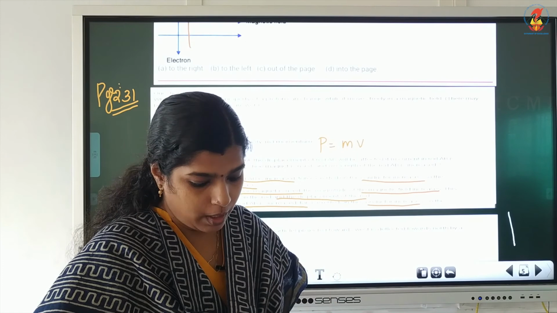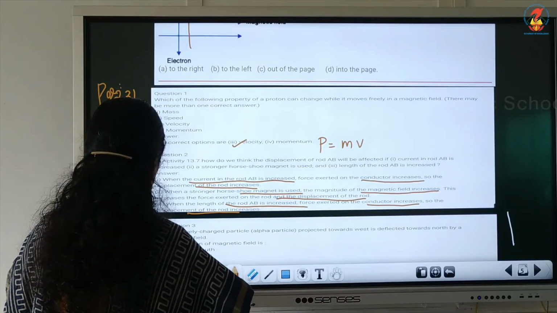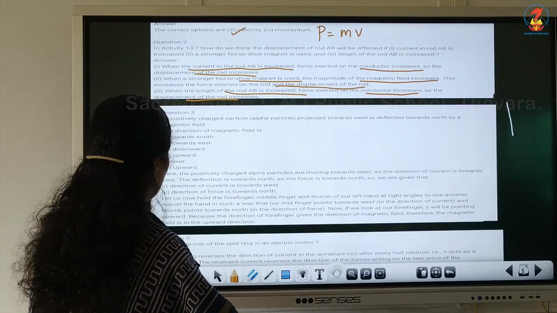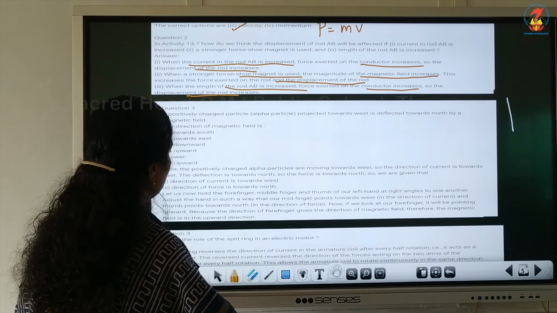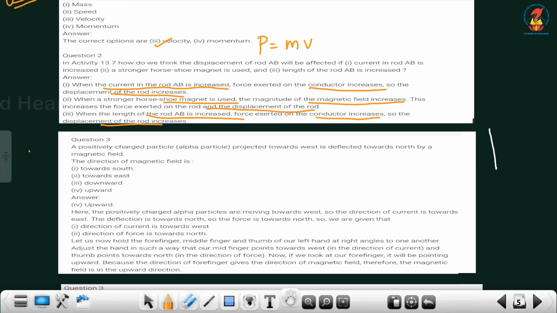You have to find out the direction of the magnetic field.